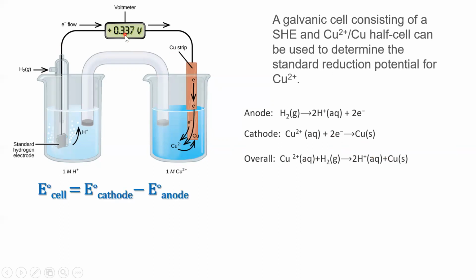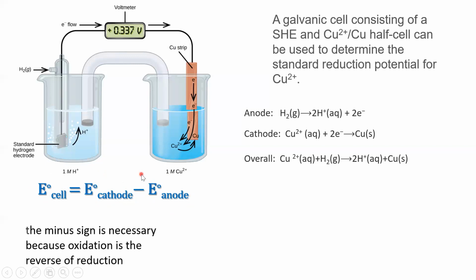This is the voltage that's read across this cell, okay, 0.337 volts. When we go to calculate the potential difference across this cell, we're going to take the value at the cathode and subtract the value at the anode.